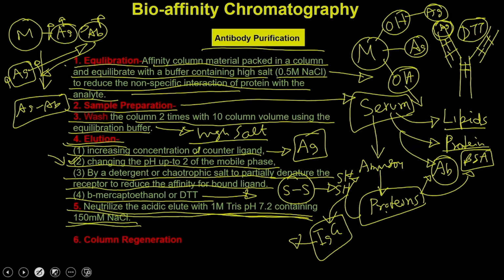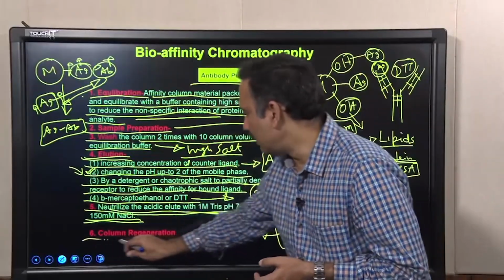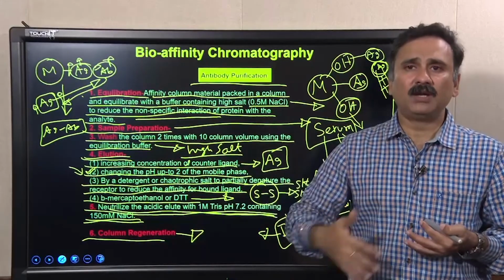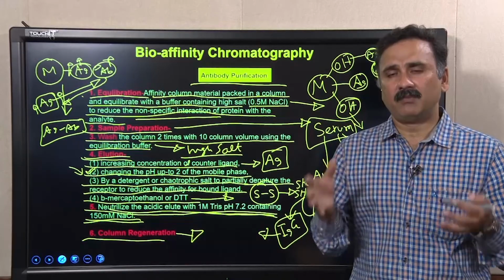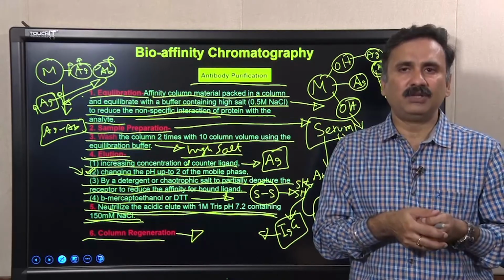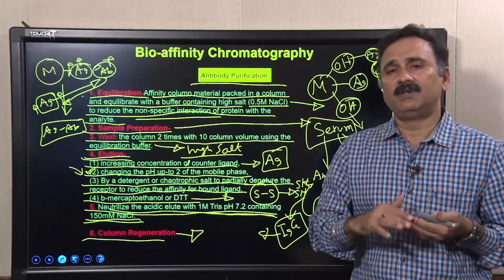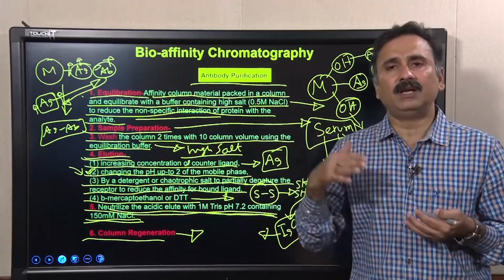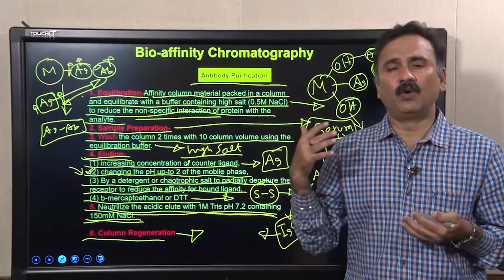Now, once you have done the elution of antibody from the column, then you have to regenerate the column. Regeneration of the column requires that you wash the column with a very high salt concentration, then you have to wash it with the chaotropic salt, so that you remove all the pre-existing antibodies which are coupled to the antigen on the matrix, or in general which are coupled to the matrix in a non-specific manner, so that you should resume the flow rate.